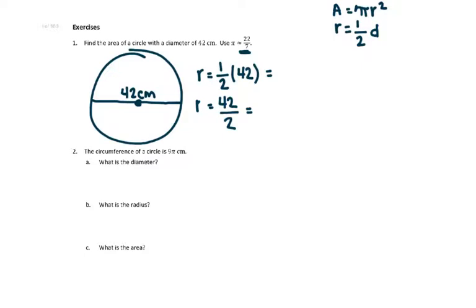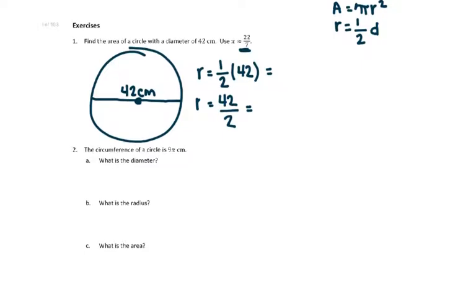All right, so 42 times 1/2 is 21, and 42 divided by 2 is also 21. So the radius of my circle is 21. I'm going to use that information in finding the area of my circle because that's what they asked for. The area of my circle is going to be found by multiplying pi times my radius squared.